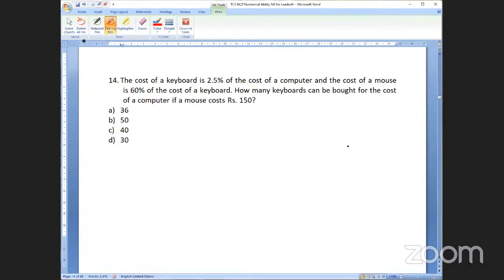60 seconds left. Yes, anyone? We have 20 seconds left.